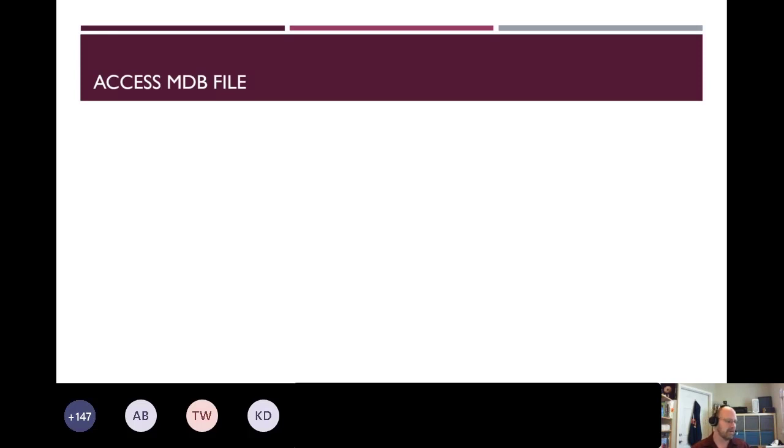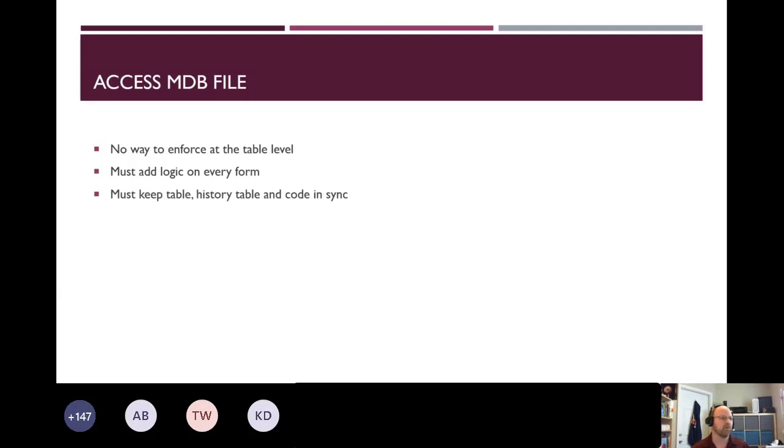Well, with an MDB file, there's no way to enforce it at the table level. So you have to add the logic on every single form, which is obviously a hole because you want to have your split back end and front end. You can't really ever enforce it if somebody sneaks into the back end or runs a query.